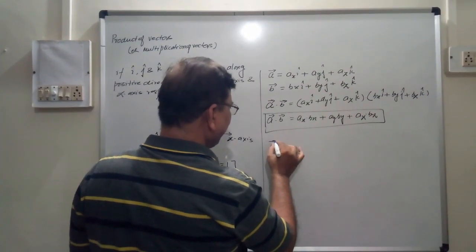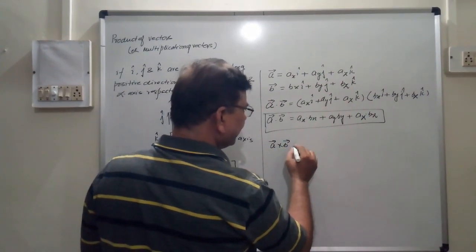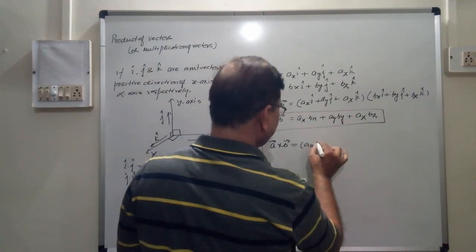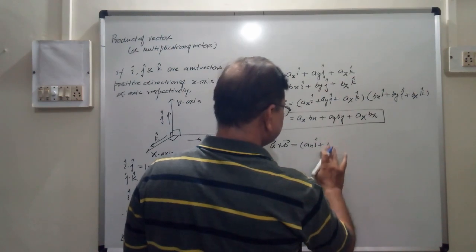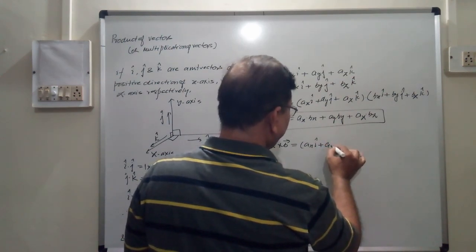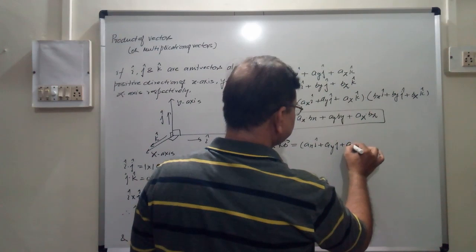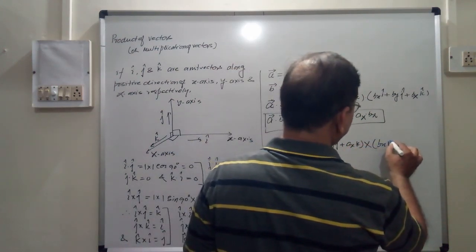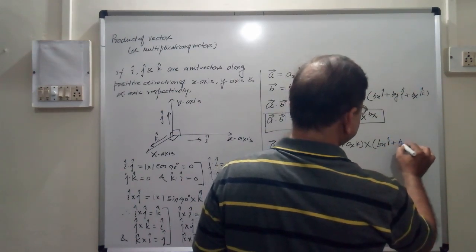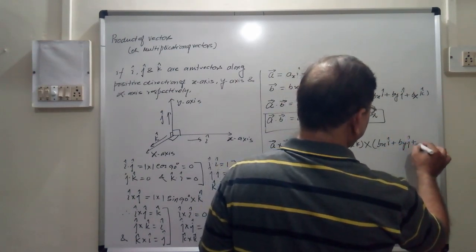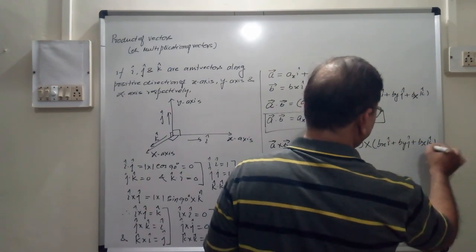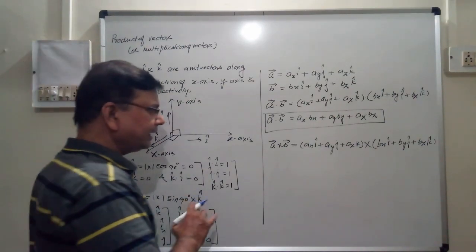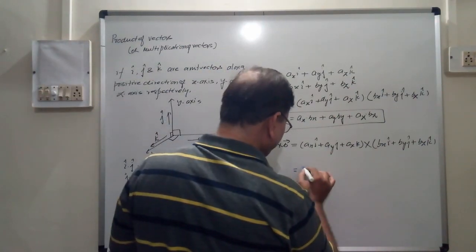Vector that is A cross B, that is equal to AXI plus AYJ plus AZK cross BXI plus BYJ plus BZK. If you are making the cross product of these two, then the result can be written in this form.